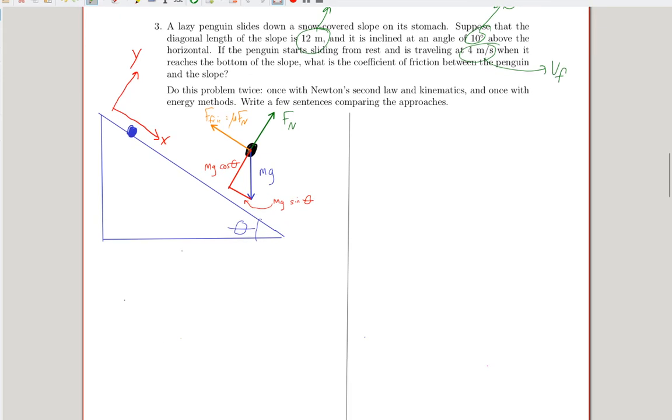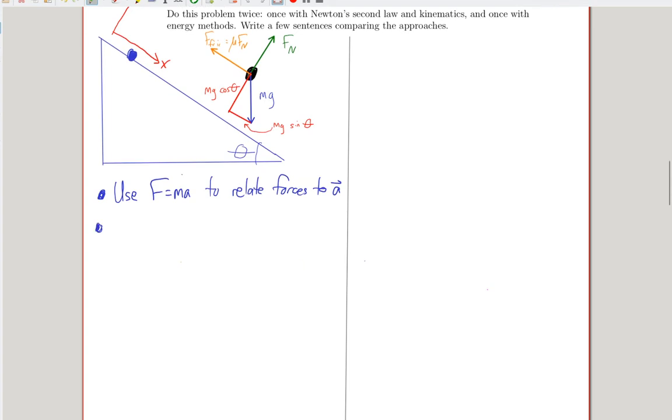So in this problem, I'm going to take a two-part approach. I know that I can use F equals ma to relate the forces to the acceleration. And then I'm going to use kinematics to relate a to the change in velocity and the length.